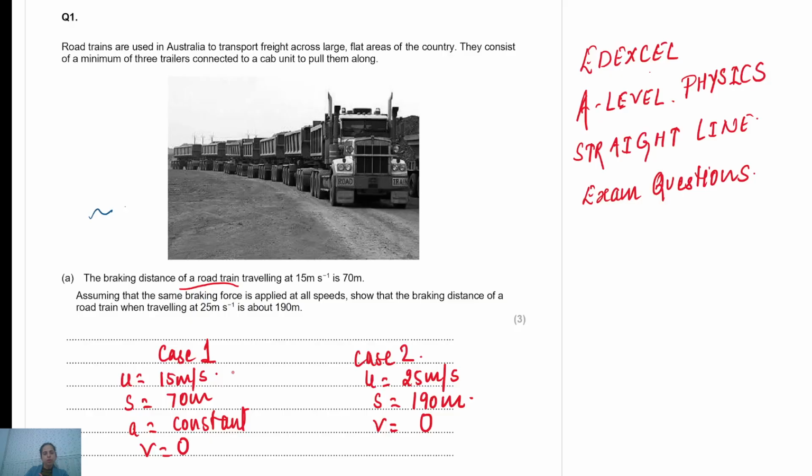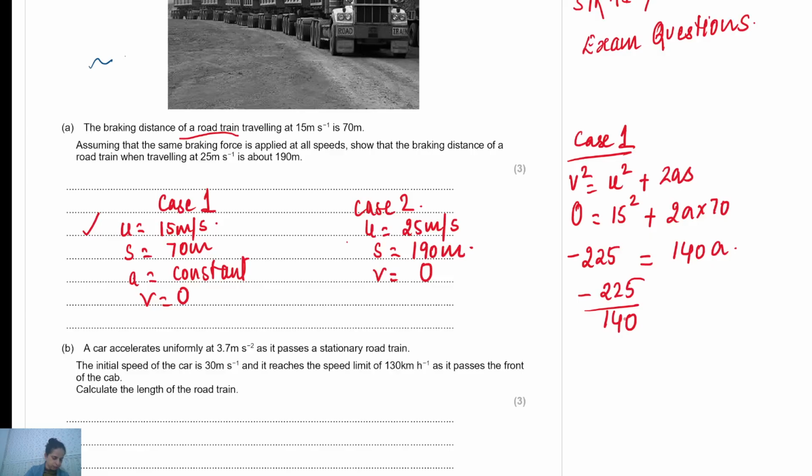Minus 225 equals 140a. So my acceleration is minus 225 divided by 140, which I have a calculator for. 225 divided by 140 is around 1.61. So my retardation is minus 1.61 meters per second squared.